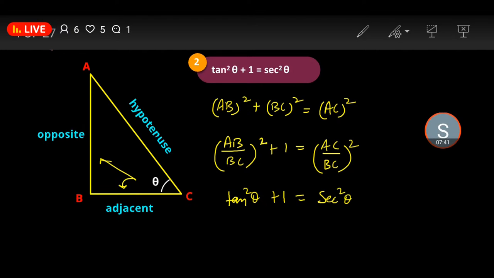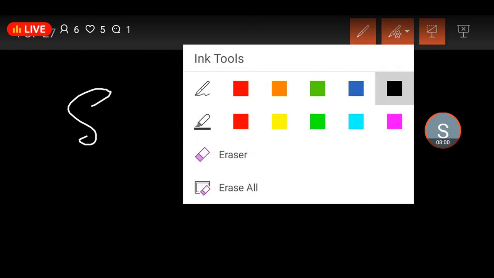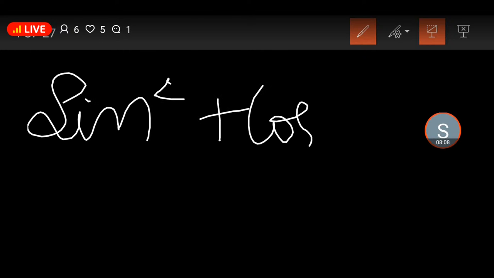Now let me derive tan square theta plus 1 is equal to secant square theta. How we will derive it: you take sin square theta plus cos square theta is equals to 1.